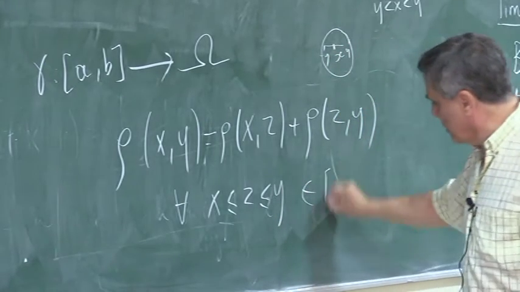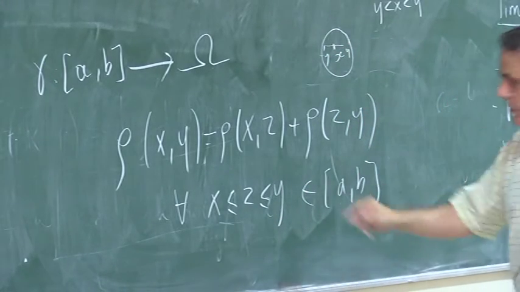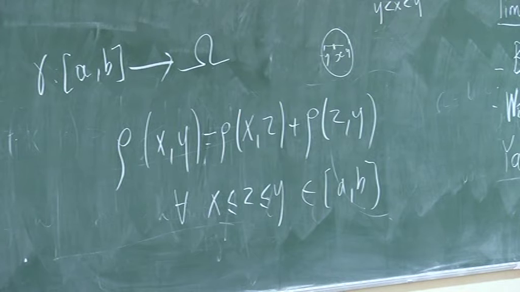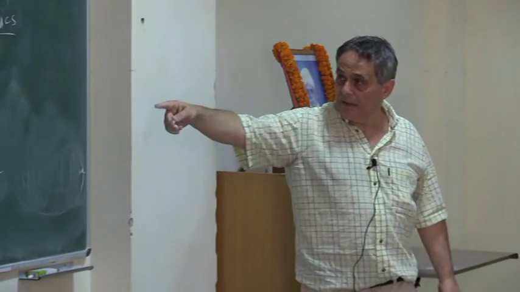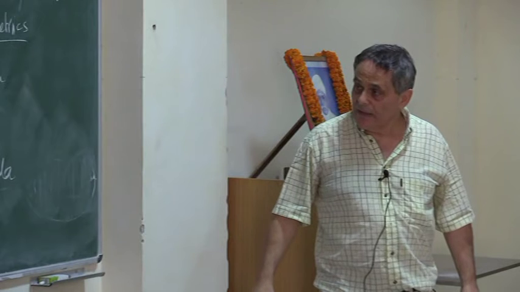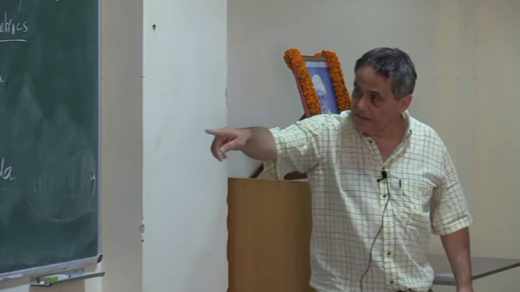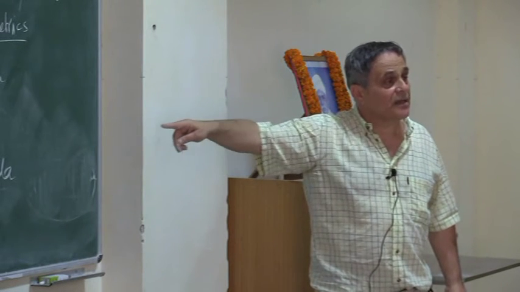Just a minute. So where is the mistake? Is this correct? Somebody said something? Okay, so it's the same definition of a geodesic in the usual case. I have here the definition of a geodesic. So there's a triangle equality.